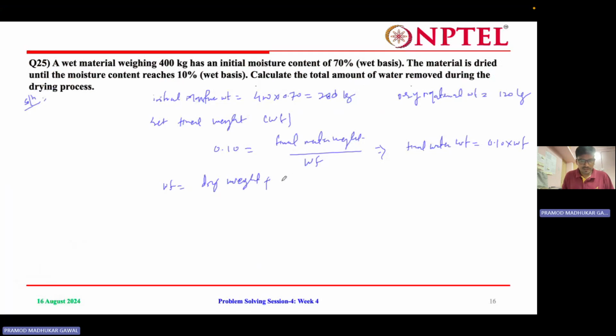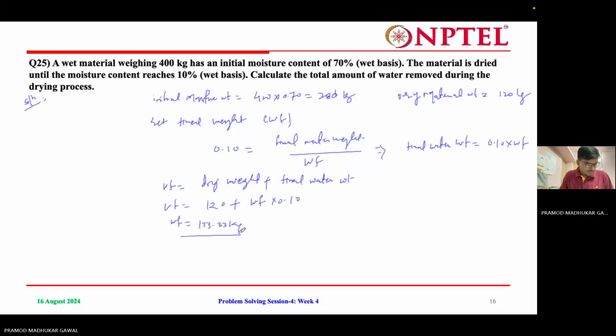So WF is equal to 120 plus WF into 0.10, right? So WF is equal to 133.33 kg, right? Now we have the final weight of the material.